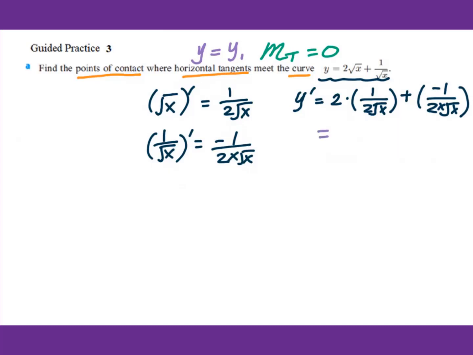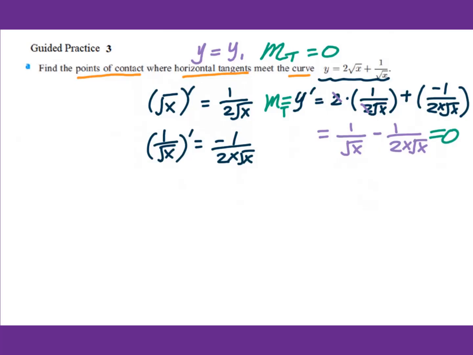Let's organize. You will get 1 over square root of x, because this is reduced, minus 1 over 2x square root of x. This will be the slope of the tangent line. That's the derivative. We will set it equal to 0.